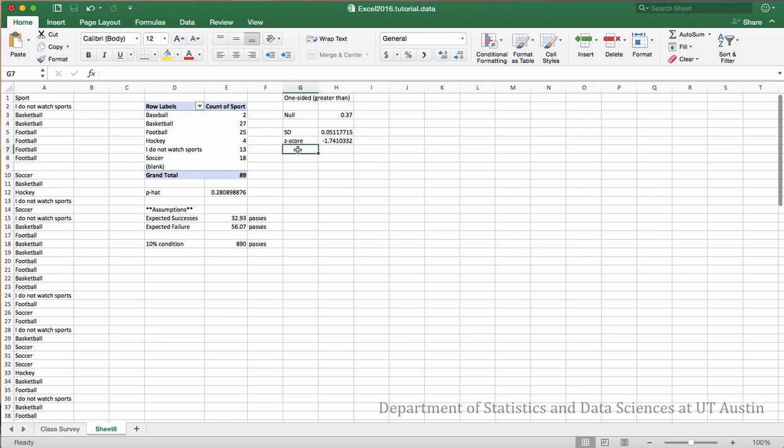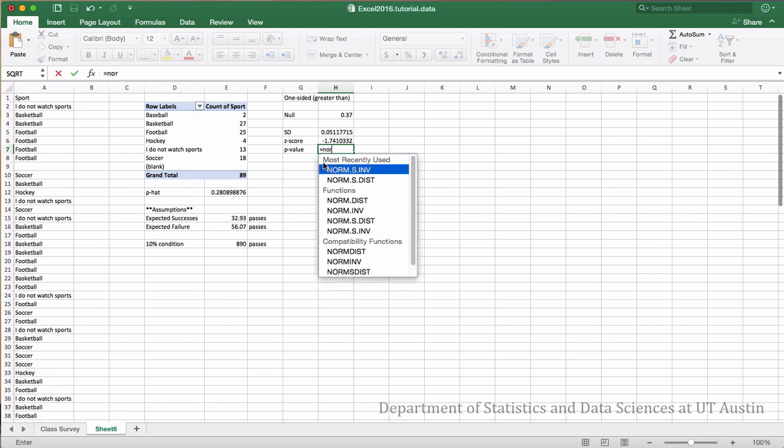Now I want to figure out how likely it is to get this z-score or something greater than it. So we're going to calculate the p-value. We want the probability of getting something greater than negative 1.74, to the right. Excel only gives us left-hand probabilities. So what we want to use is the equals NORM.S.DIST.